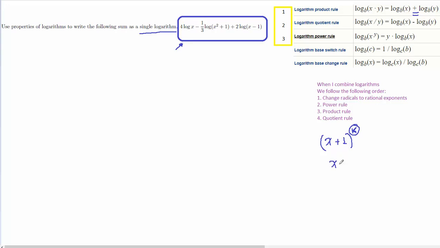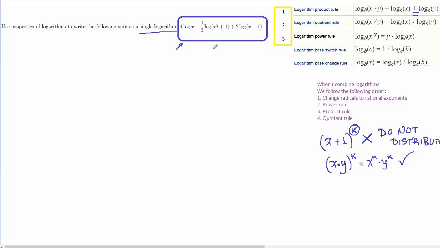Although we have the following property for exponents, if we have a product of two different variables, or a number and a variable, then we can distribute: x to the k times y to the k. And this is fine. This cannot be done. So you need to remember, do not distribute. This is not allowed. The reason that is not allowed is because these two expressions that you will get are not equal. Okay, we can see together an example why they are not equal, but later.